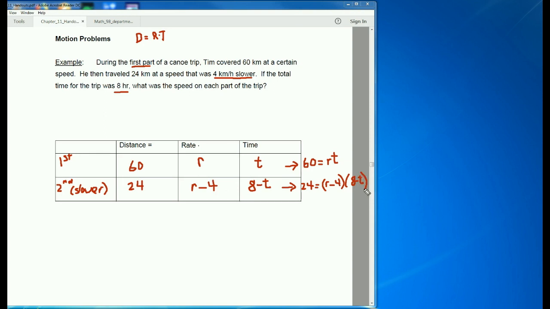Okay, so now the technique is, and you might want to jot this down. I'm not going to write it down, it would take me too long. First, solve both equations for the same variable, either for R or T. Next, substitute one expression for R or T into the other equation.